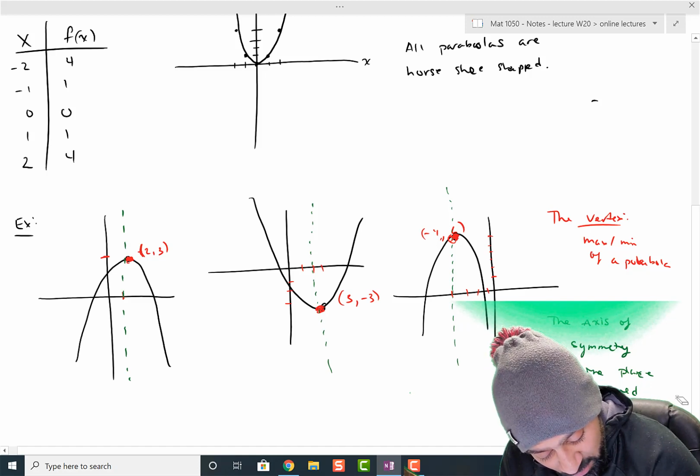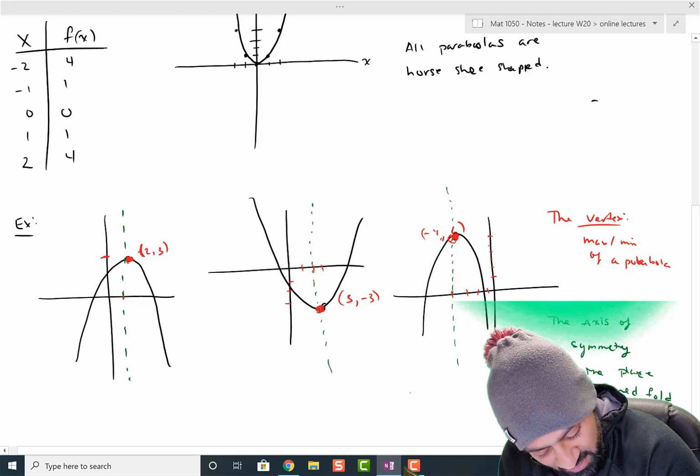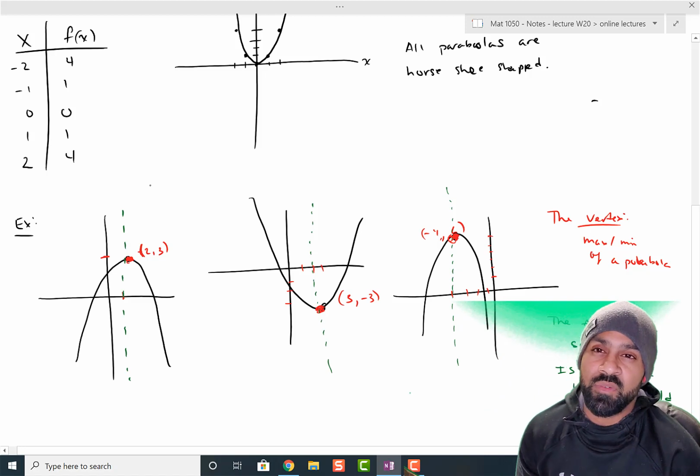I promise you I can spell, only on Tuesdays though. And remember, it's going to be the equation of a vertical line.